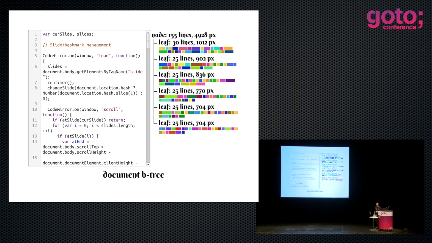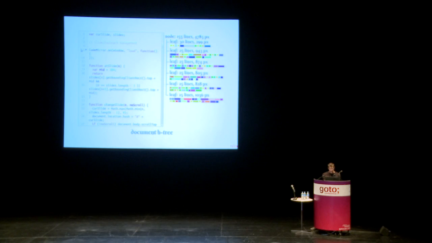Under each leaf, I display the lines that this leaf contains as little colored blocks, where the color is the hash of the content of the line and the width is the height of the line. So I turned on line wrapping in this demo, so you can see that some lines are wider than others. And if I fold something, you'll see that some lines become very low. And the height changes.